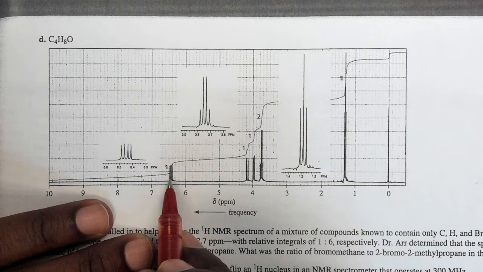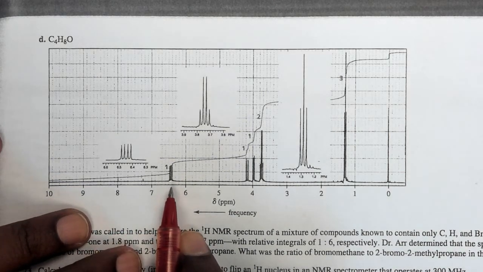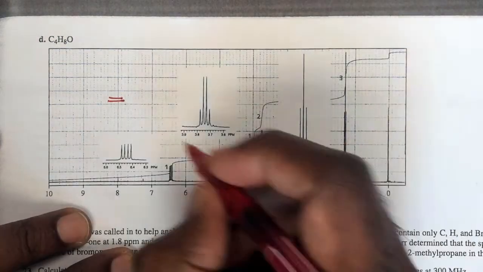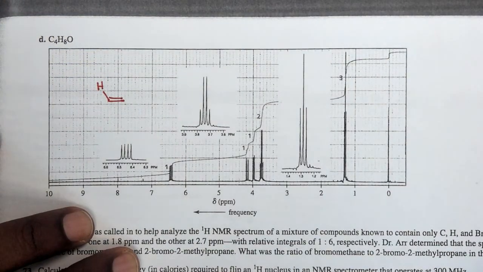So the fact that I have a resonance around 6.4, 6.5 indicates that I do have a double bond in my structure, and that there is a proton on that double bond.